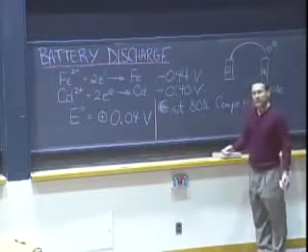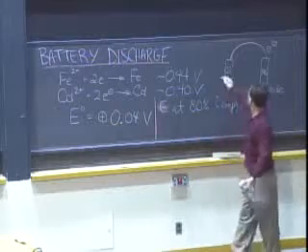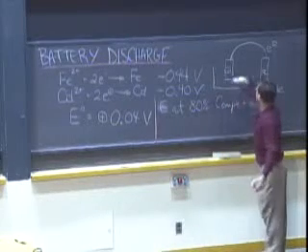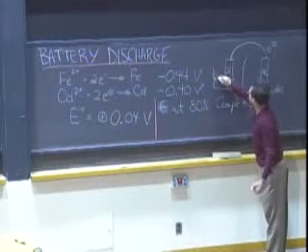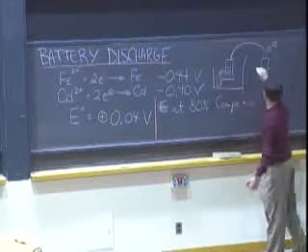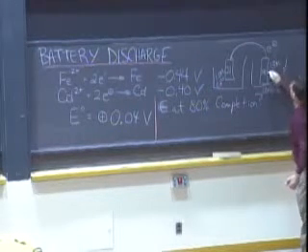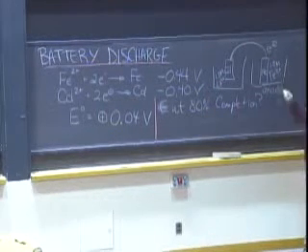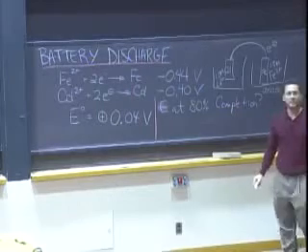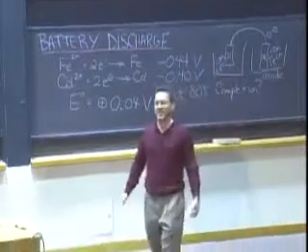Under standard conditions, we have 1 molar solutions of the ions on both sides. So in this solution we would have 1.0 molar Cd2+, and in this solution 1.0 molar Fe2+, because those are the standard conditions, as you will see in the header to that long table in your appendix.